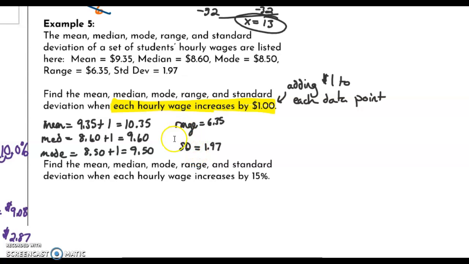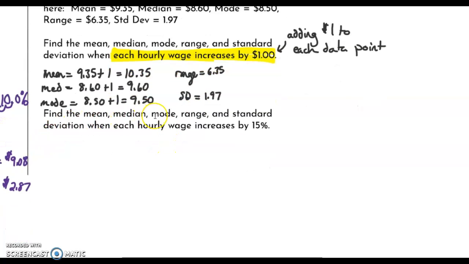Okay, so now find the mean, median, mode, range, and standard deviation when each hourly wage, so each one, increases by 15%. So remember what we talked about. First, change 15% to a decimal, and then put the 1 in front. So they're being multiplied by 1.15.